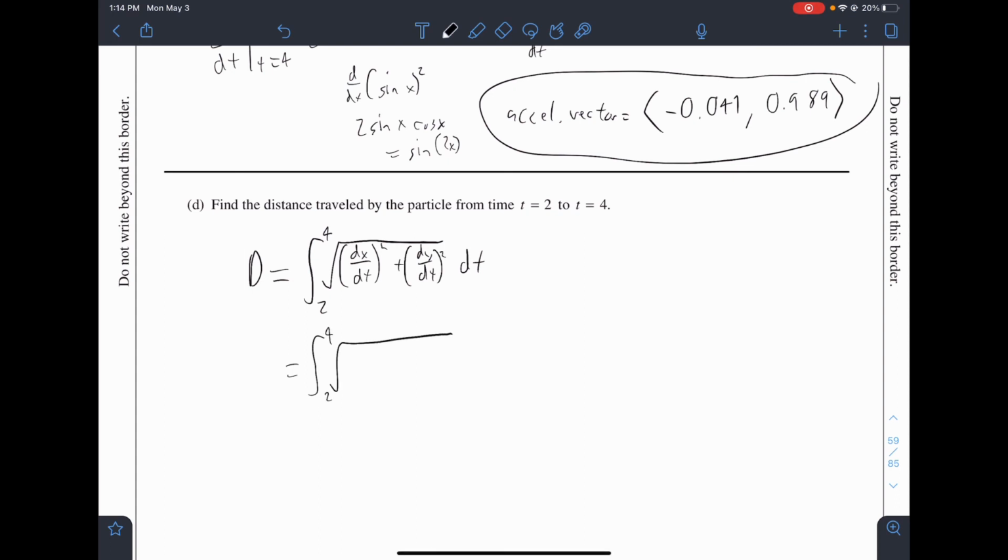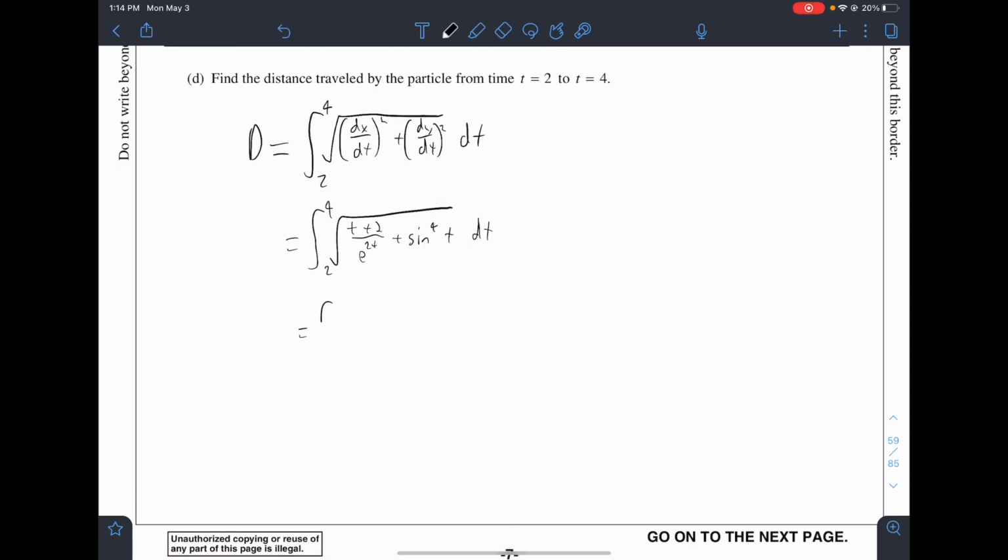This will be t plus 2 over e to the 2t plus sine to the 4th of t dt. Now I'm going to put this into our calculator. Just going to get the answer.